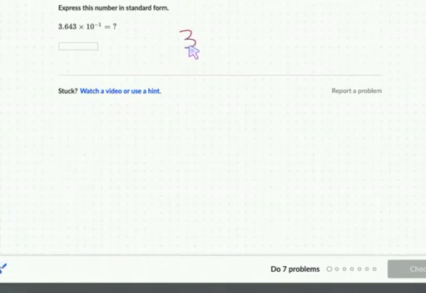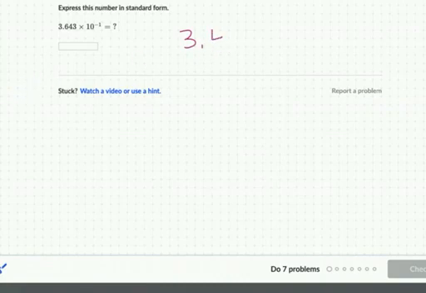All right, so we have 3.643. It was multiplied by 10 to the negative 1st power. Negative power means it's becoming an even smaller number. So we have to move it 1 spot to the left so that it becomes an even smaller decimal. If we move it 1 spot to the left, we end up with the decimal point over here.